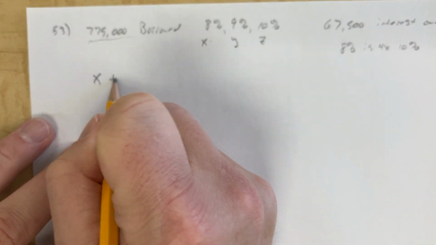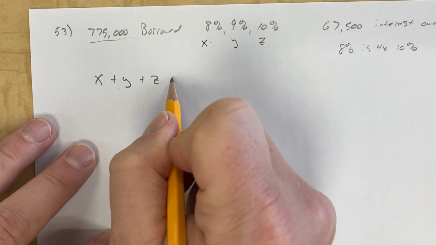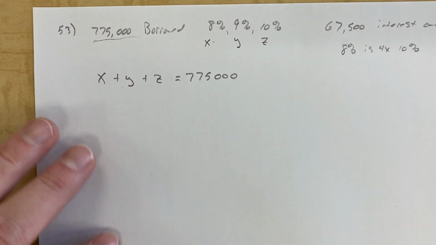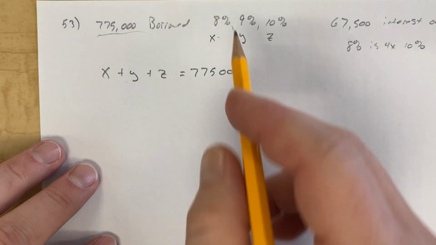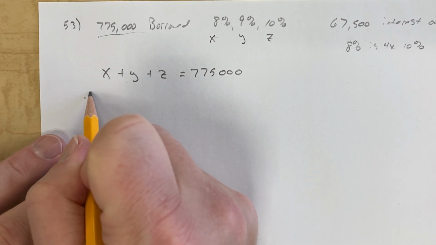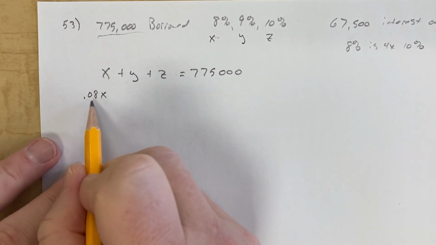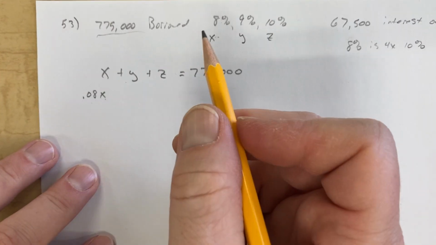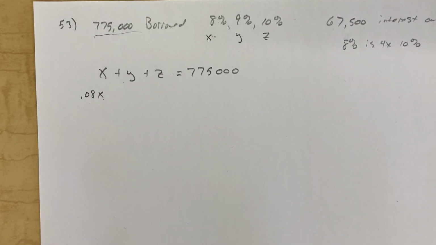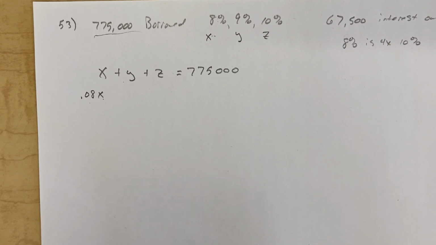So X plus Y plus Z is equal to $775,000. We know that for sure. Now, when we say that X is the amount from the 8% loan, that means you're going to be paying 8% of that amount on top of it. In other words, if you borrowed, say, $100, you're going to pay that $100 back plus 8% of that.